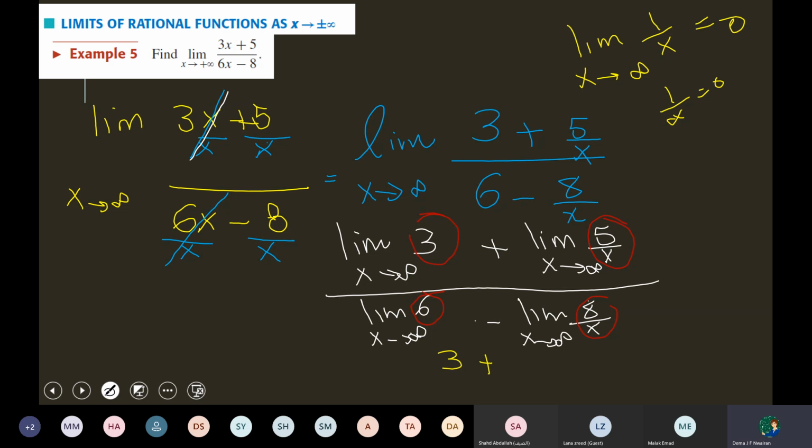So here, 5 over x means 5 over infinity, which is 0. Over 6, because it's a constant, I keep it as it is, minus 8 over infinity, which is also 0. Then it will be 3 over 6, which is 1 over 2. Is it clear? Yes, teacher.